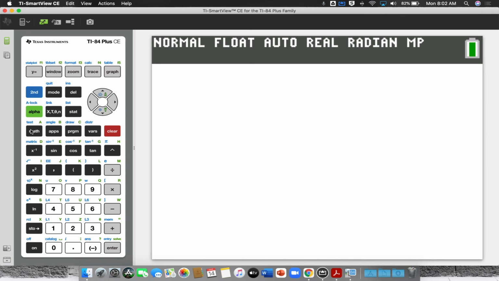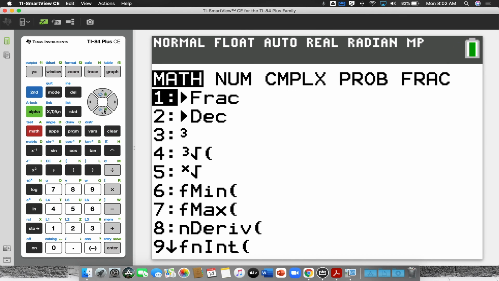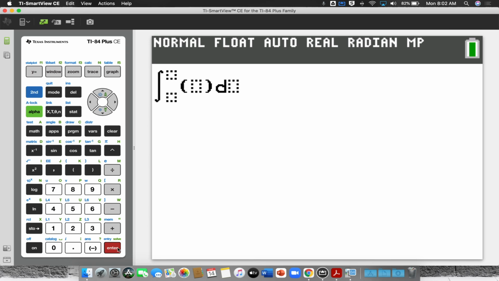Okay, if you forget later on how to integrate on the calculator, that's why I'm recording this. I did this before in one of last week's lessons, so you can also look at that one too. 0 to 12. We can't put W of t because the calculator doesn't know what W of t is.